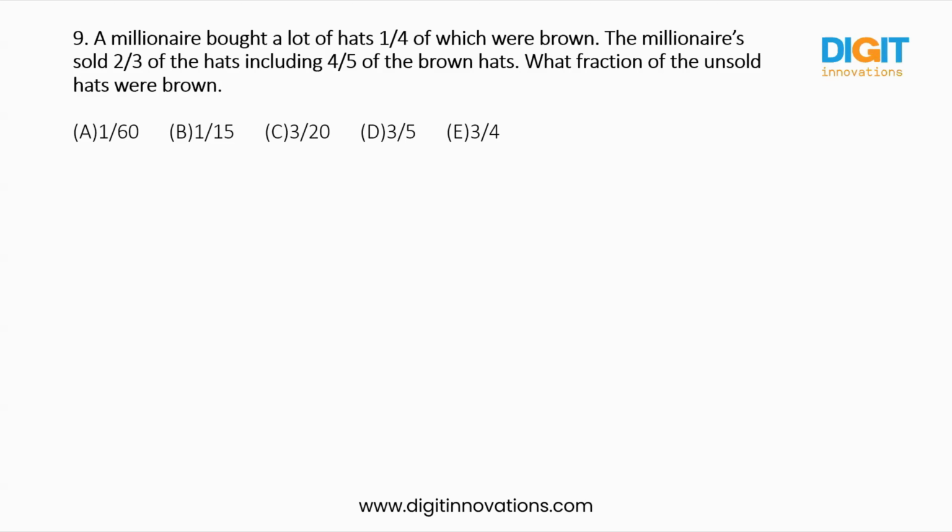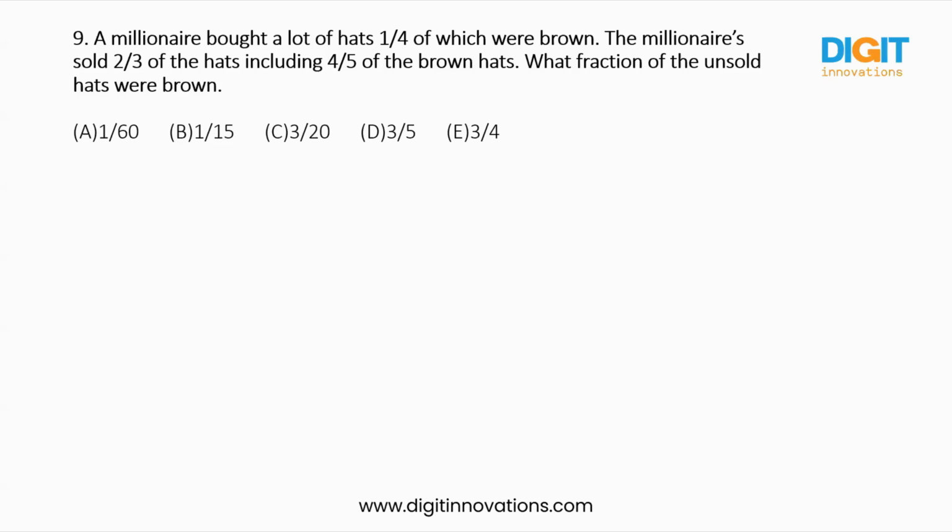In that value I'm going to take 4/5 as brown hats. If I calculate 4/5 from the sold hats, then I'll get how many brown hats were sold. In the total brown hats I'm going to remove these sold hats.